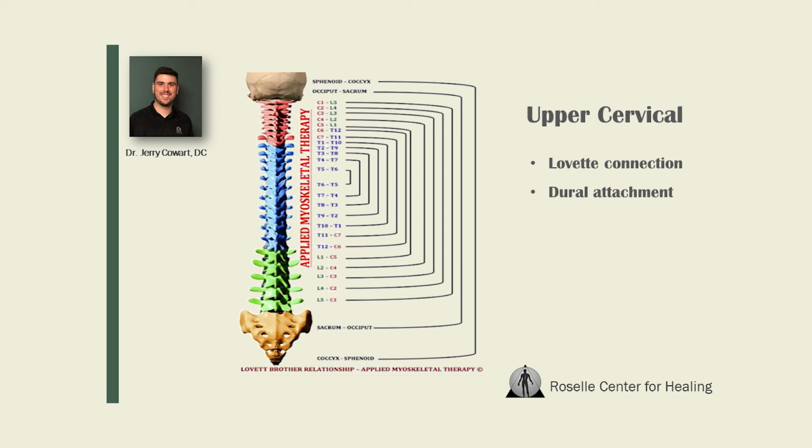So when we're looking at anything upper cervical, we can never ignore that occiput, because it is basically that huge window between your central nervous system, the brain and the brain stem that goes into the spinal cord, and it connects the top part of the central nervous system, being the brain and that skull complex, to the rest of the spine. And speaking of the neurology of that, we have dural attachments.